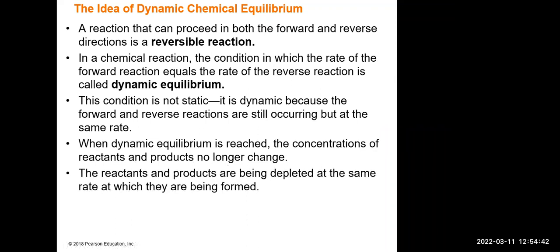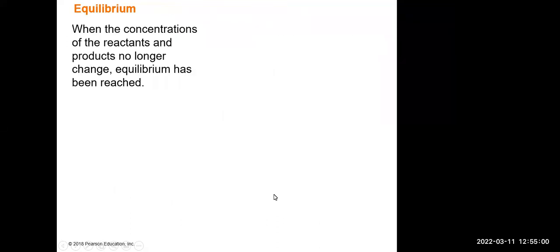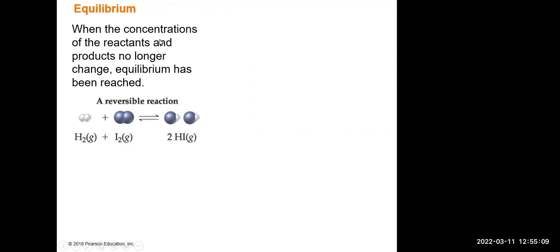Even though the forward reaction and the backward reaction are still going on, the concentrations are not changing. The reactants and products are being depleted at the same rate at which they are being formed. When the concentrations of the reactants and products no longer change, equilibrium has been reached.